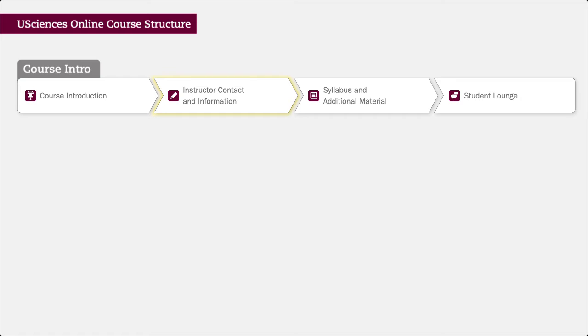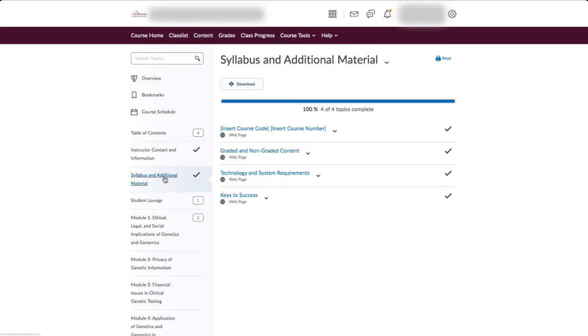After taking a look at the Instructor Contact and Information section, let's look at the Syllabus and Additional Material section. To get there, we can click on Syllabus and Additional Material in the left column.